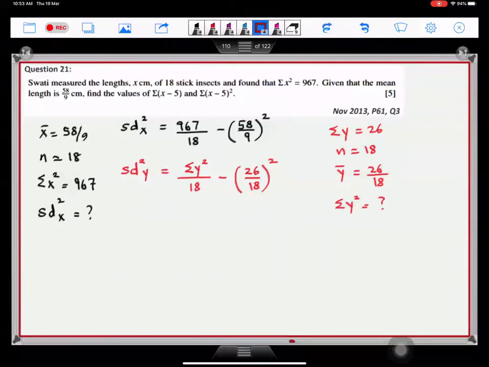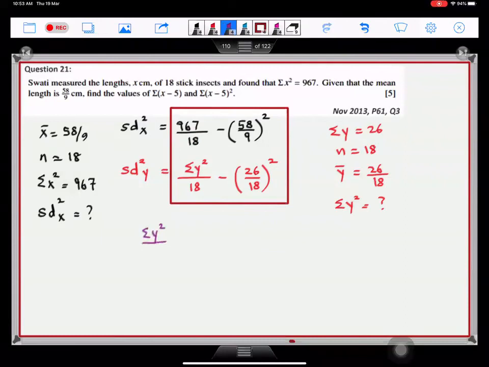Therefore, just focus on this box. So the working is all done. Sigma y square over 18 minus 26 over 18 whole square is equal to 967 over 18 minus 58 over 9 whole square.